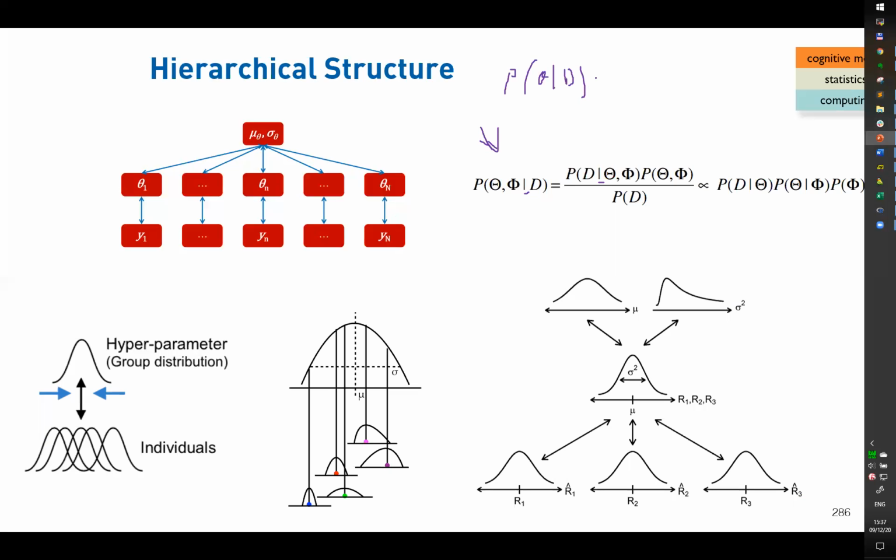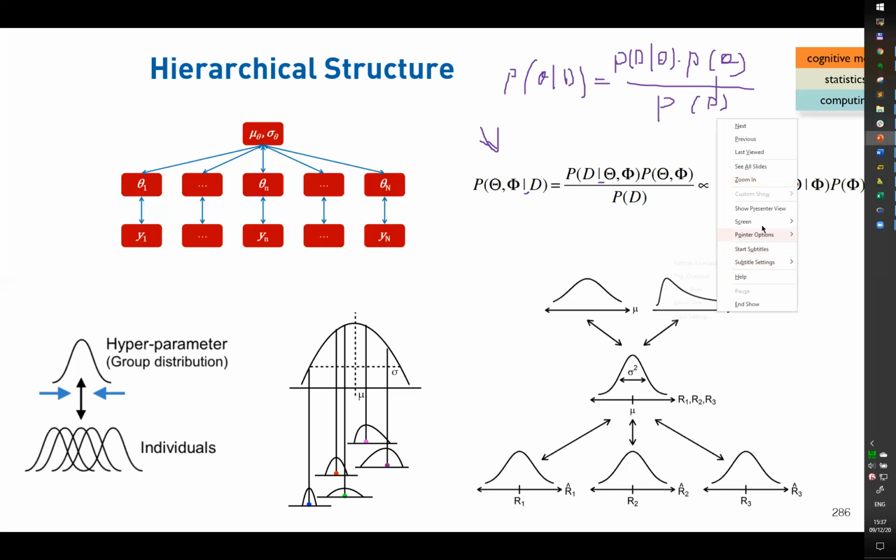And then this one is first the likelihood and the prior, divided by the normalization. So this is the Bayes theorem that we already know.